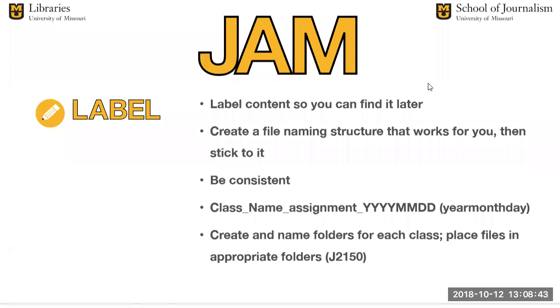If you keep changing it, it's going to be hard for you to clean that up later. So just be consistent. That helps. And name your folders according to, well, for students, a class. Put your files in the appropriate folder. That will help, even if you just put a number there and name it.